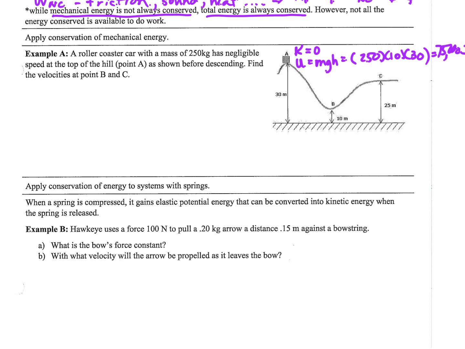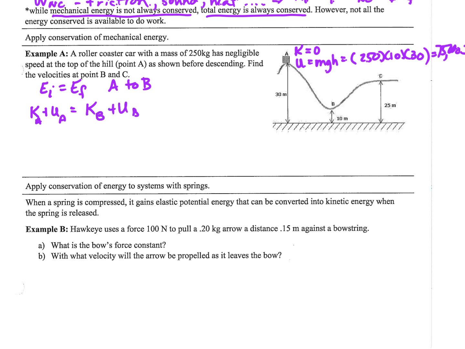So what we have to do is we know that the total energy, the energy initial, is going to equal the energy final in this system. So let's go from A to B. The initial energy at A, if we do kinetic energy plus potential energy, kinetic at A, potential at A, kinetic at B plus potential at B. Well, we know it doesn't have any kinetic energy at A, so that's 0.